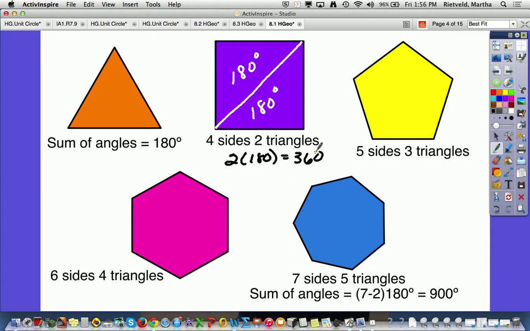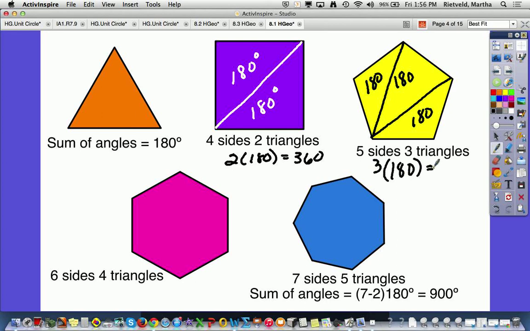If you have a five-sided polygon and you divide it into triangles, from one vertex you can draw 2 diagonals, which gives you 3 triangles. If you take 180 for each of those 3 triangles, the sum of the measures inside a pentagon is 540 degrees. For a 6-sided polygon, you can make 4 triangles.